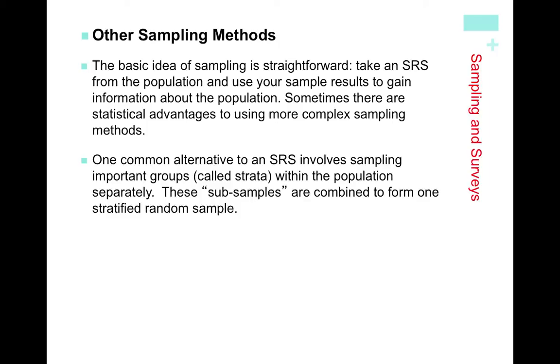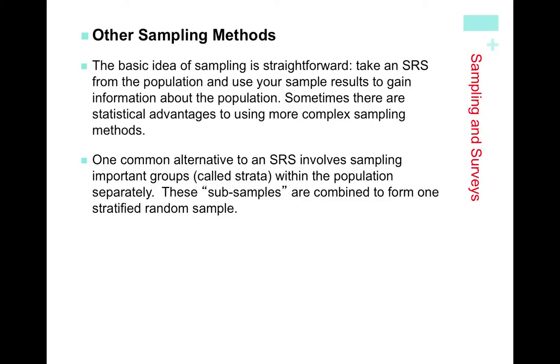Then you're going to choose a separate SRS in each stratum and combine these SRSs to form your full sample, okay? So something like that would be if you're talking about the U.S. high school students, right? So if you separated them by class, freshmen, sophomores, juniors, seniors, okay? So you were separating them, putting them into groups of similar individuals. Then after you have them separated like that, you can then take an SRS within each of those groups, put those samples together to form one big sample.